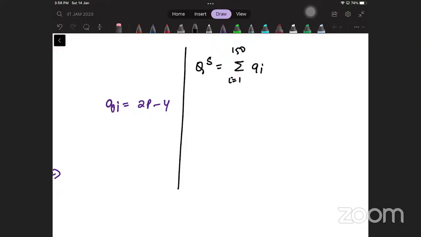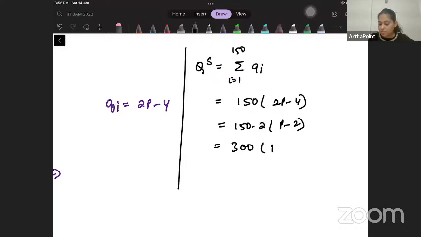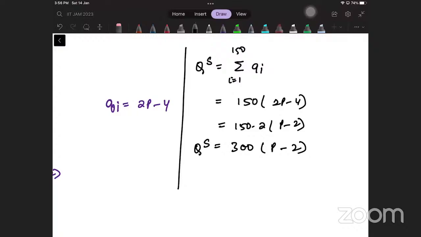I have to add the supply of all these firms together. So this is going to be 150 times the supply of one firm. So this can be 150 into 2 into (P minus 2), so 300 into (P minus 2). This is my quantity supplied. Now, you have a quantity supplied function.